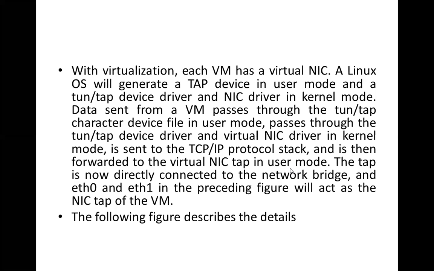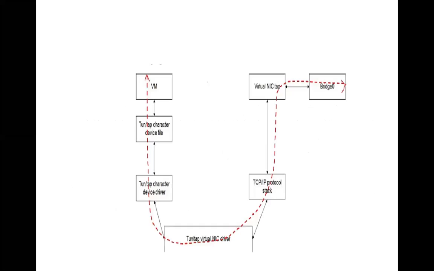You can see here the virtual NIC tap. So in this way, this virtual machine is giving the data, and it is moving from the device file to the device driver and to the TunTap virtual NIC driver, and here the TCP/IP protocol stack.